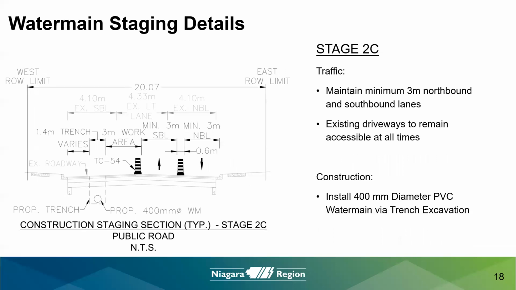For stage 2C, from the south entrance of Chestnut Crescent to just north of Friesen Boulevard, the water main will be staged so that a minimum of 1 3-meter wide northbound and southbound lane is maintained on the east side of Ontario Street. Driveways will remain accessible during construction.